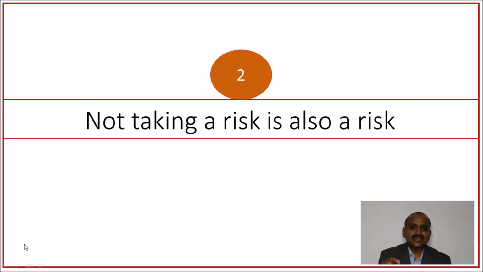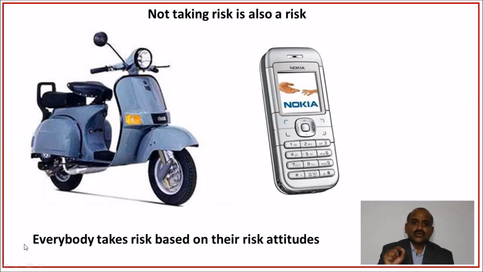Not taking a risk is also a risk. Yes, using historical experiences, let us understand this fact. Bajaj Auto Limited used to have a market share of up to 90%. Till the early 1990s, Indian middle class families used to feel pride in owning a Bajaj scooter at home.